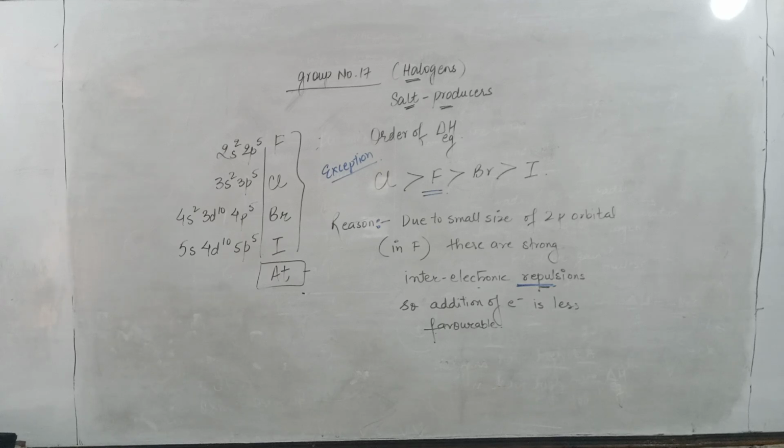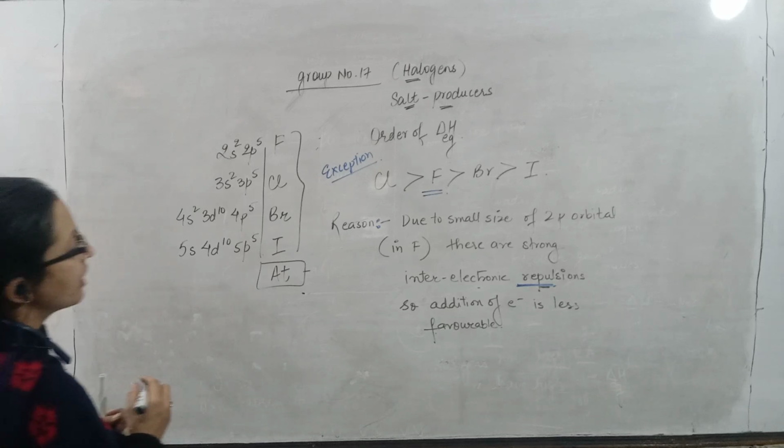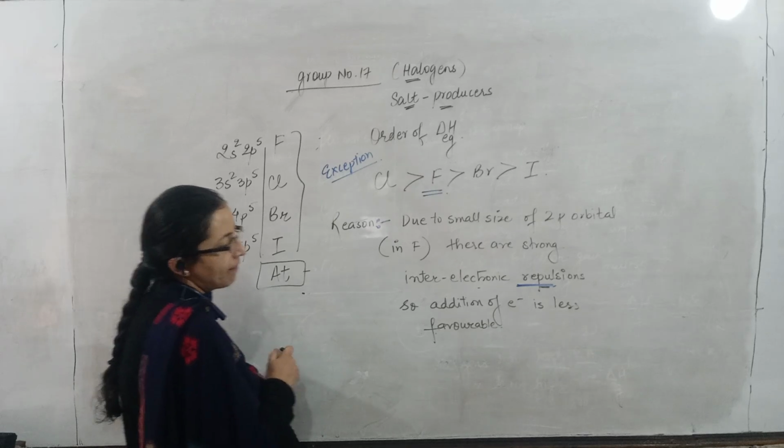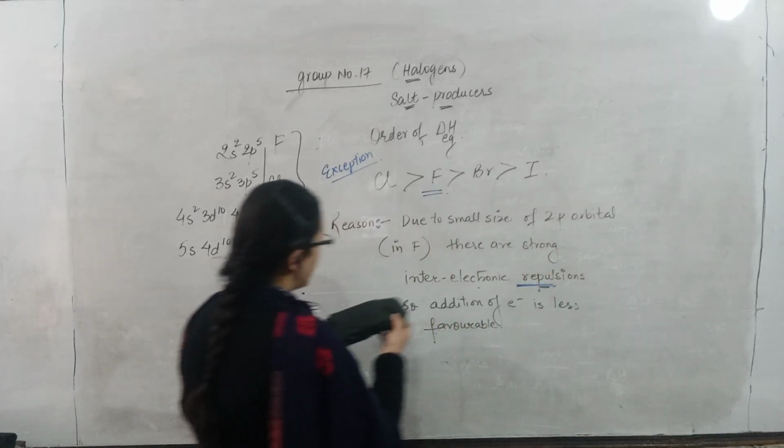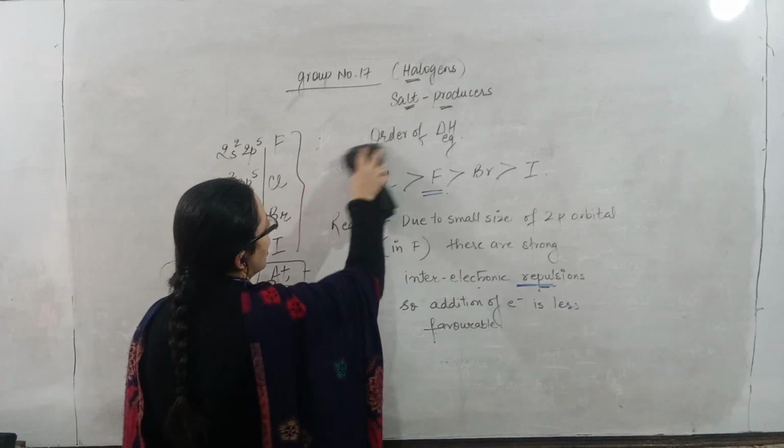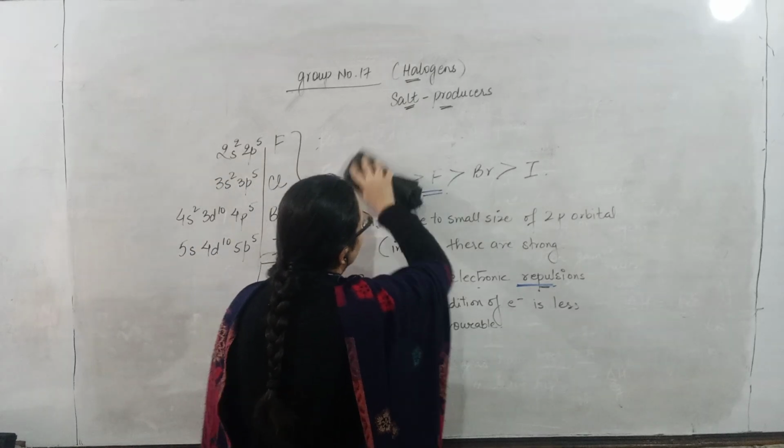Then the next important property is electronegativity. Electronegativity has no exception. Where was the exception? In electron gain enthalpy.